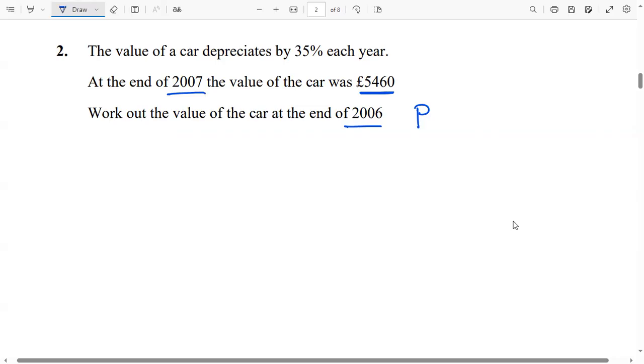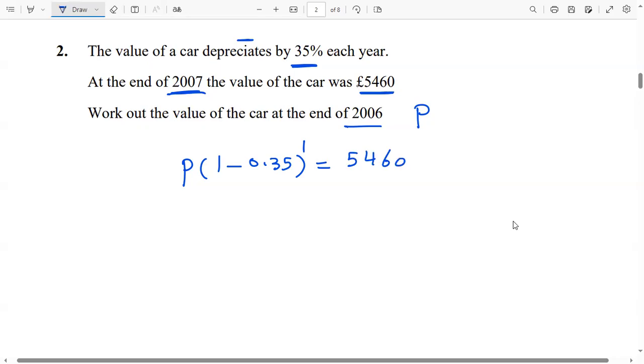So the initial amount, which is P, times 1 minus the depreciation of 35%, which means minus 0.35, for how many years? From 2006 to 2007, it's only 1 year. This was 5,460.